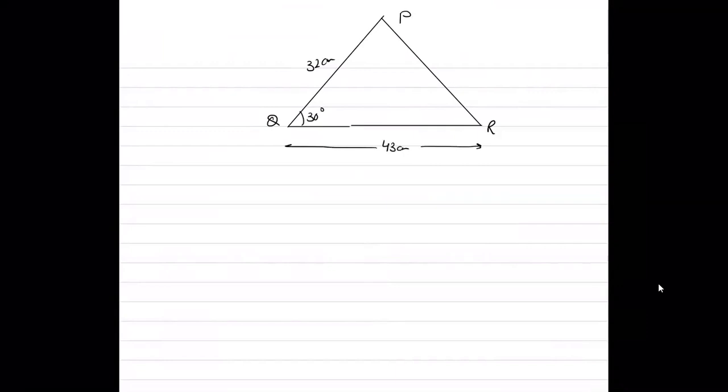I want to ask you, what is going to be the perpendicular height from P to QR? You need to calculate the perpendicular height. The question wording should be: calculate the perpendicular height from P to QR.